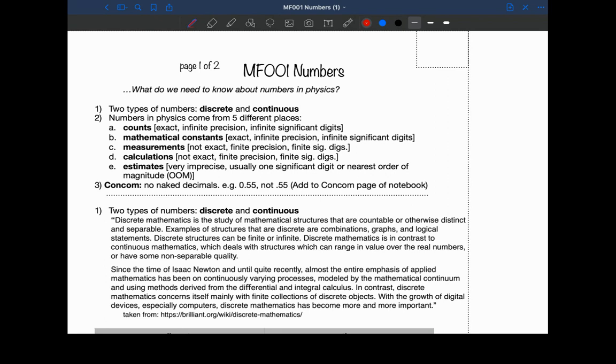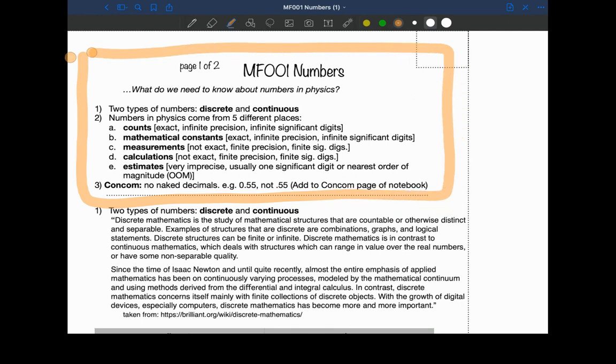The main things that we want to take away from this lesson are contained right here in this box. By the end of this episode, you should have a sense of what we need to know about numbers in physics. The first thing we need to know is that there are two types of numbers, discrete and continuous.